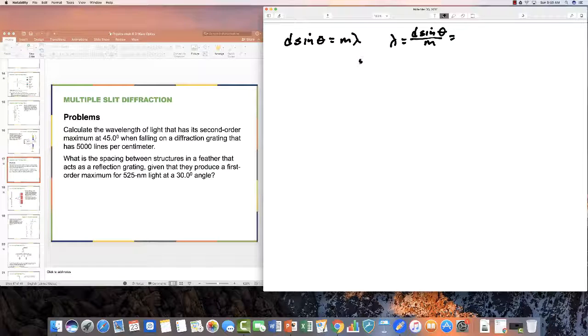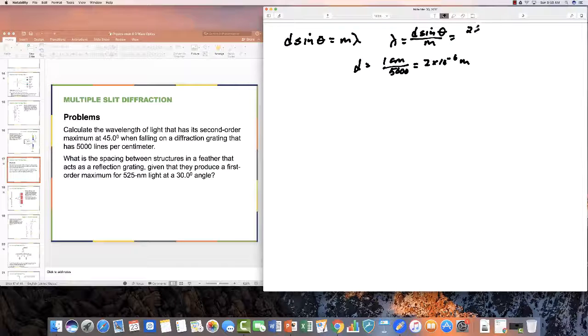and d is going to be, you have 5,000 lines per centimeter, so you have 1 centimeter divided by 5,000, or 1 times 10 to the minus 2 meters divided by 5,000, and that's going to be 2 times 10 to the minus 6 meters.